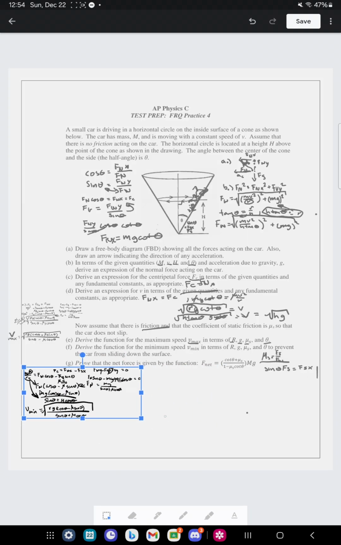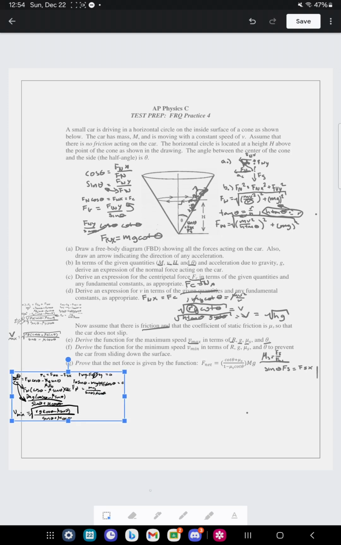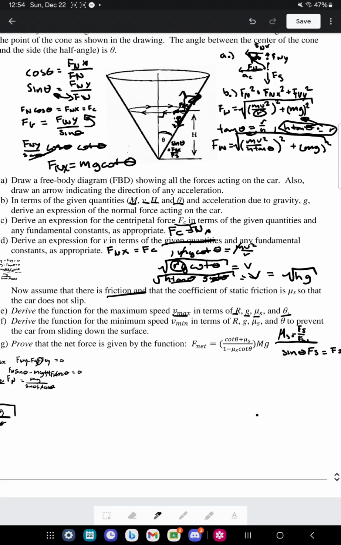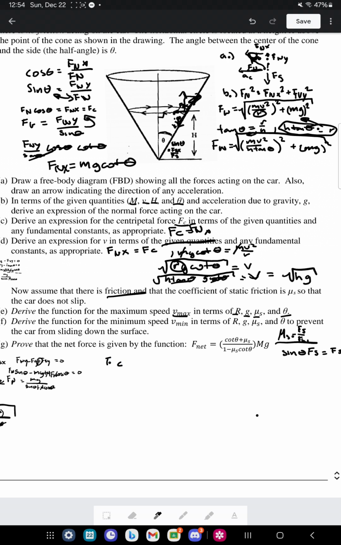I'm gonna move this over for the last problem. Prove that the net force is given by that. So I know that the net force is F of c.